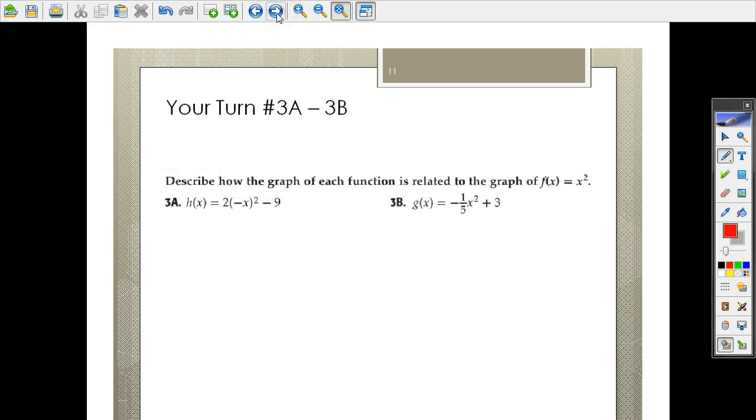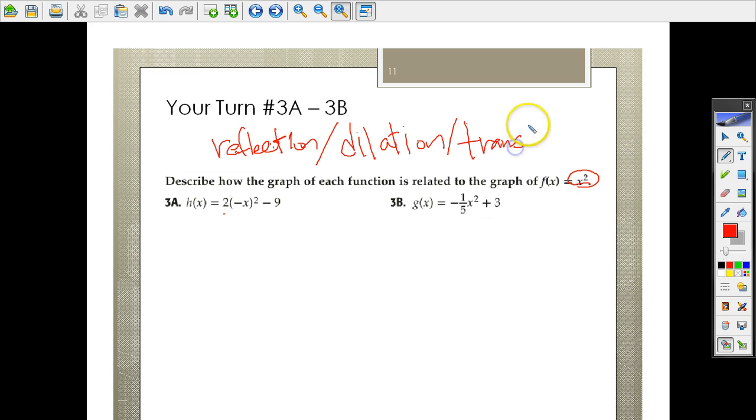Alright, so go ahead and do 3a and 3b. Compare to x squared, the parent function. You need to describe 3 things: was there a reflection, was there dilation, and was there translation.